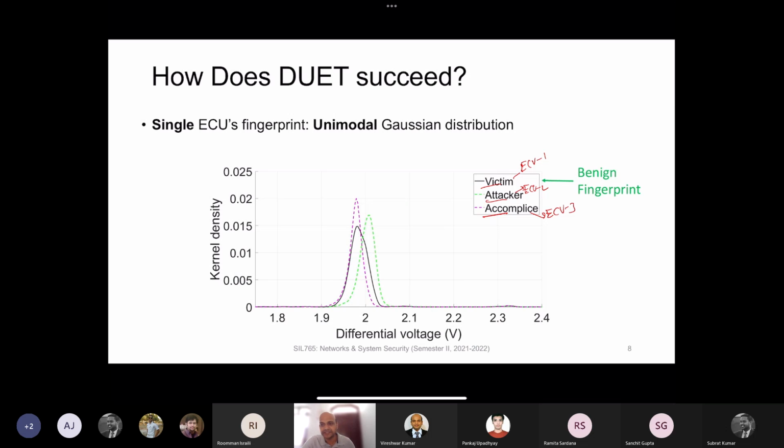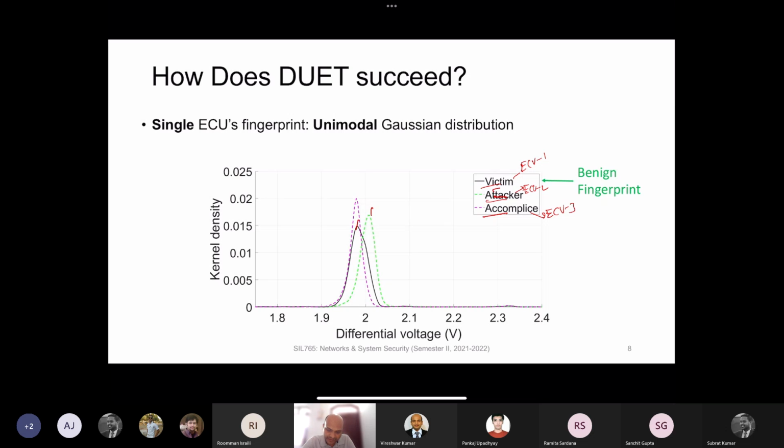If the accomplice is also an adversary, and it tries to impersonate, what happens in that case? It will be relatively difficult, but it will definitely work, because some features might be different. In the case of victim and attacker, just the mean feature could be one of the most prominent ones, and just by looking at the mean, it is possible to differentiate between the attacker and victim.